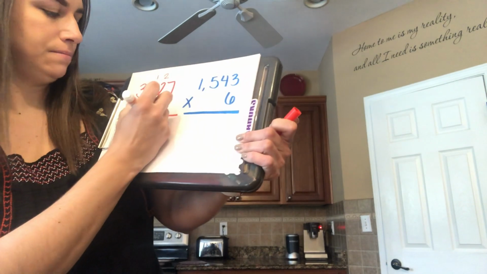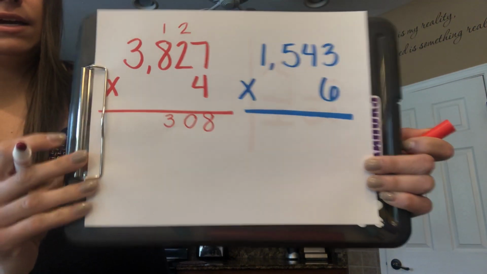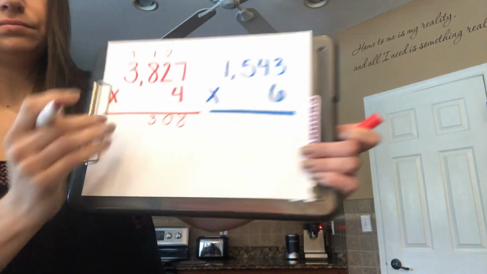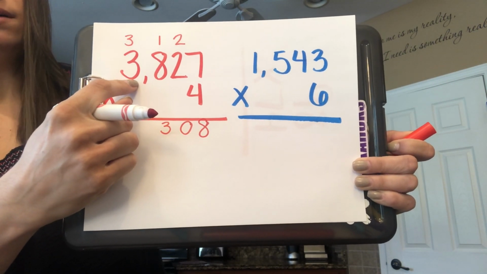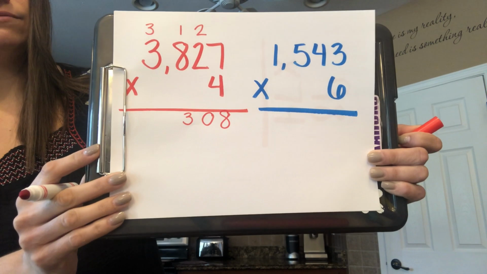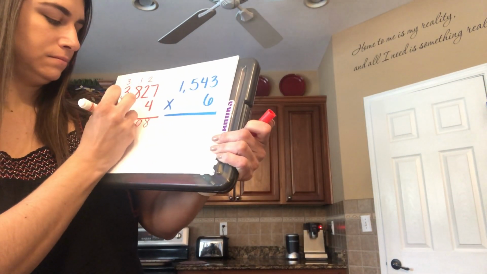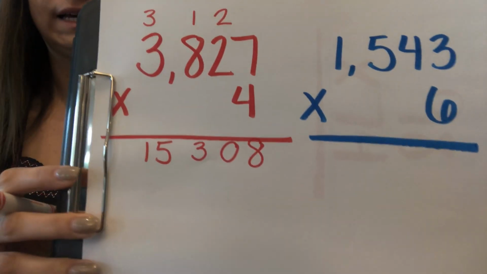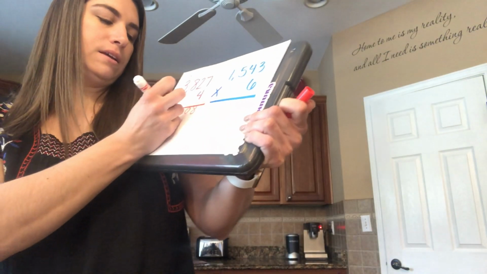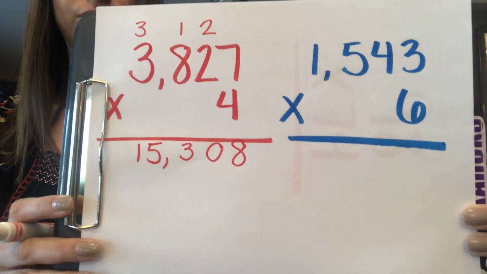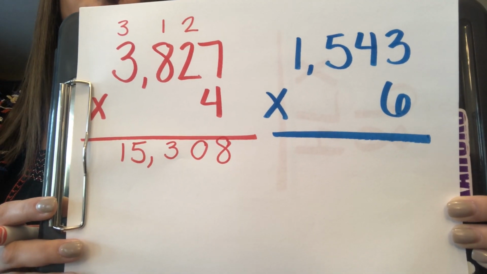So I write my 3, and I carry my 3 up. And then 4 times 3 is 12, and 12 plus 3 is 15. The comma for this one's gonna go in between the hundreds and the thousands place. So what we're gonna get is 15,308. So double check your work.